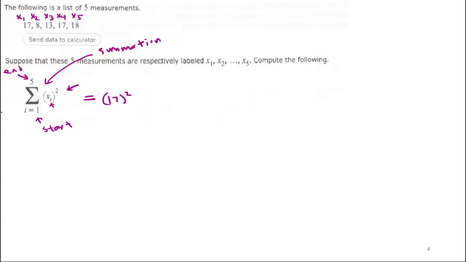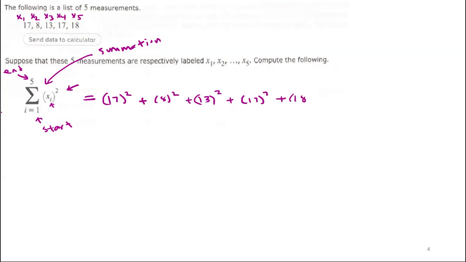But this is summation, so that means we need to add them. So then we're going to go to the next number, 8, and square that. And then we continue on, right? Take the next number, 13, square that. Take the next number, 17, square that.